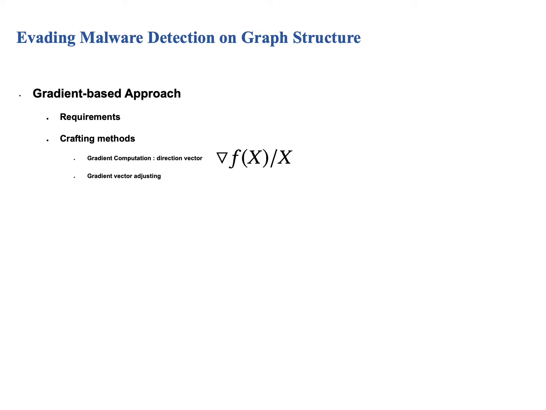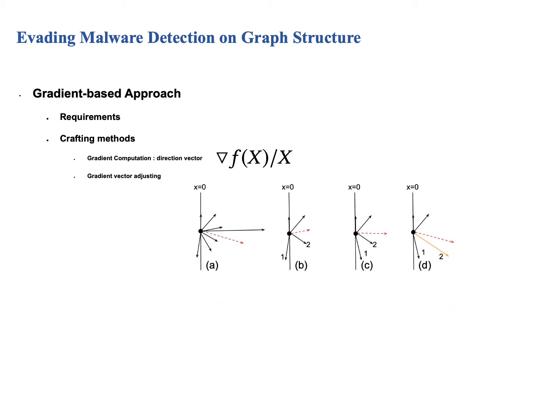And then we will do gradient vector adjusting, which can help our system find the best way to craft the graph. Here, after calculating the gradient, we can get the graph A, but each application cannot include all of the functions, which means we cannot find all of the elements of the gradient.